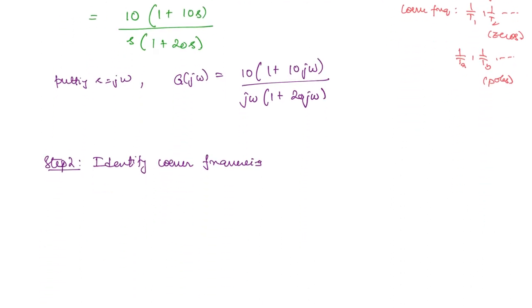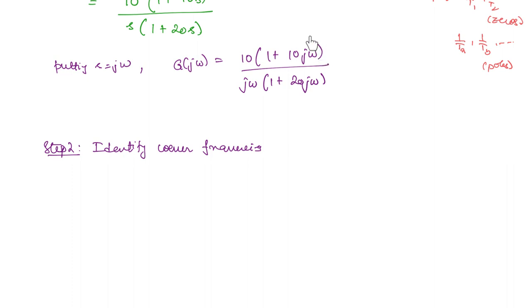Similarly, for whatever function you have here, you have to identify the corner frequencies. Okay. So the corner frequency corresponding to the zero is given by 1 by 10. And what about the corner frequency corresponding to the pole? You have 1 by 20, right? You have only one pole and one zero. So you have only two corner frequencies.